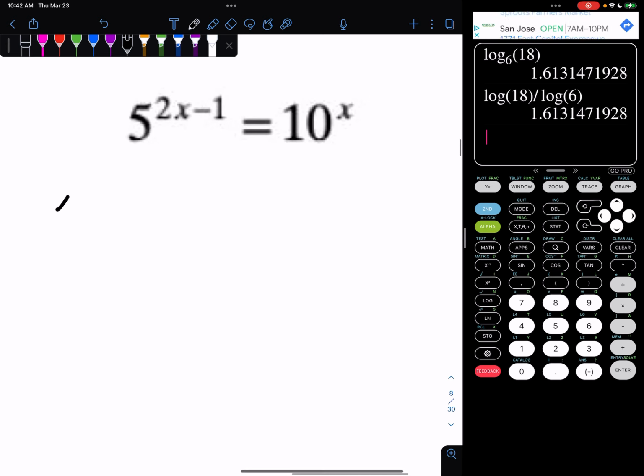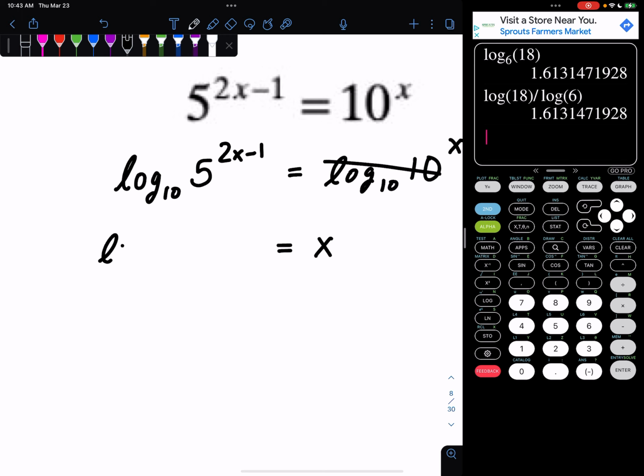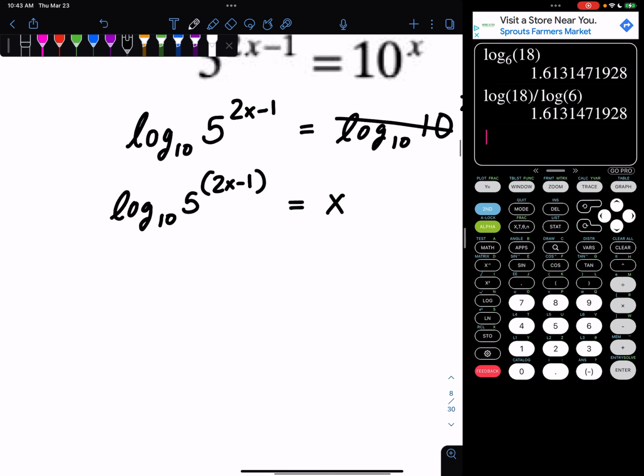So log base 10 of 5 to the 2x minus 1 is equal to log base 10 of 10 to the x. That side's going to cancel. We're going to get x equals log base 10 of 5 to the 2x minus 1. Okay, this whole exponent, remember our power rule said that exponent can move in front. So if it moves in front, log base 10 of 5 is equal to x.